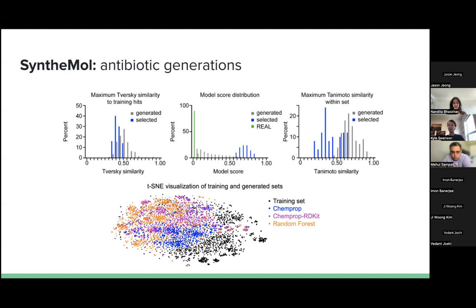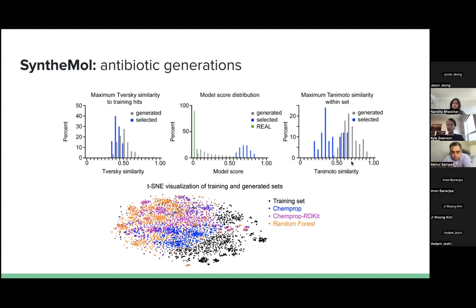And so you can see if you take randomly selected molecules, a vast majority of them have almost no chance of being effective antibiotics. Whereas if you look at our generated molecules, they're much more likely to be effective. So this is already an indication, at least in silico, that our model is really guiding us towards the part of chemical space where there are more effective molecules.